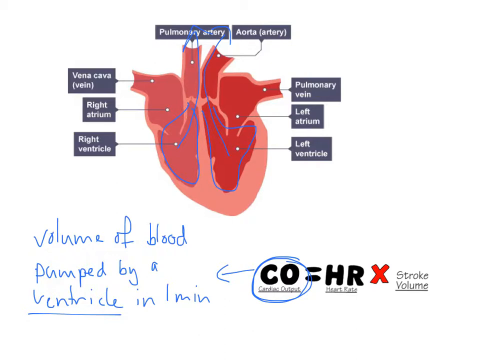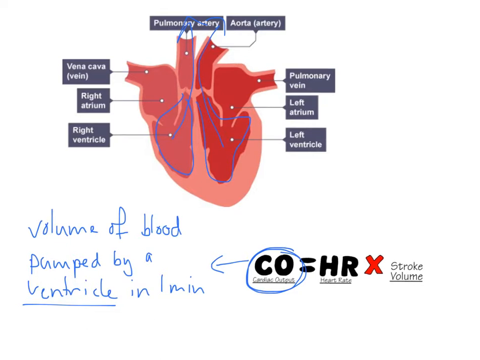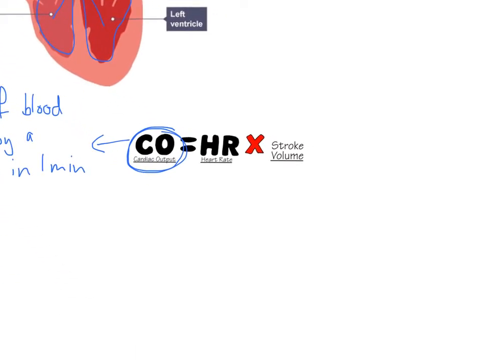And the cardiac output is two things. Cardiac output is your heart rate, which is beats per minute, so the number of times in 60 seconds that your ventricle is contracting to squeeze blood out into the arteries.